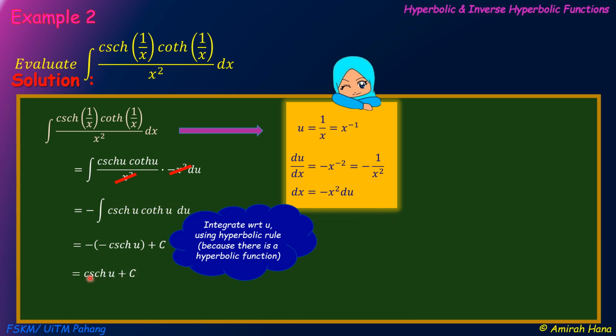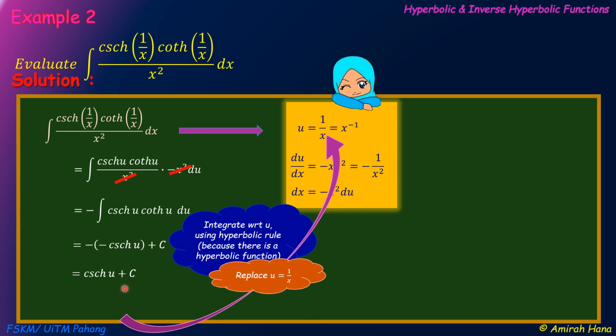After that we can multiply negative by negative, so we have positive cosec u plus c. And finally, we replace u equals 1 over x. So the final answer is cosec 1 over x plus c. Okay, got it?